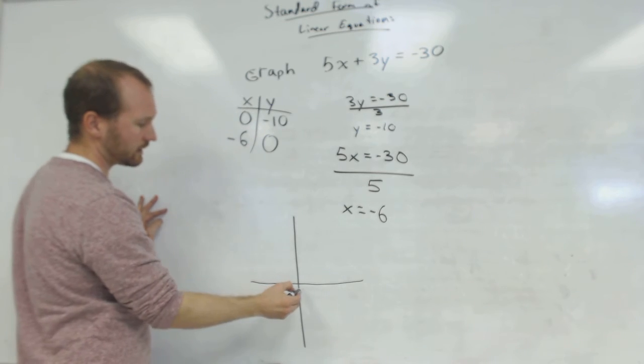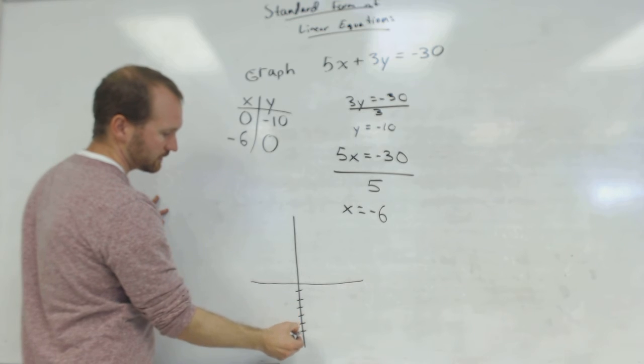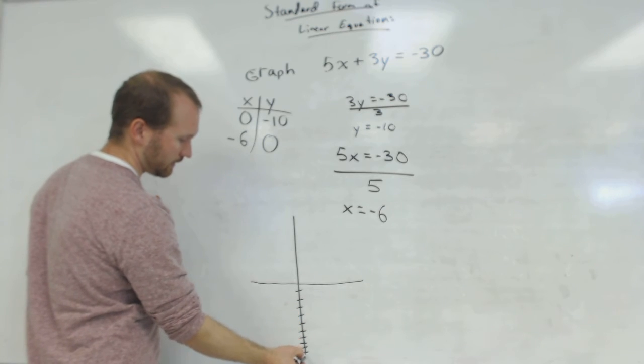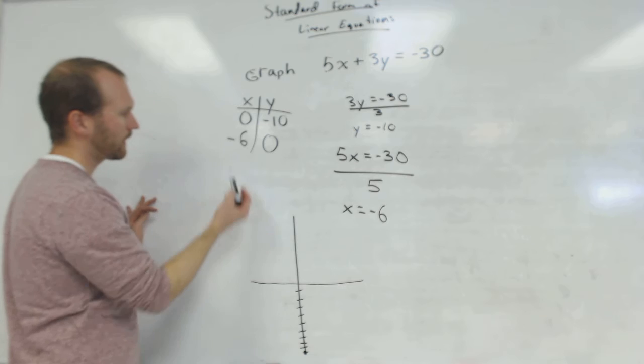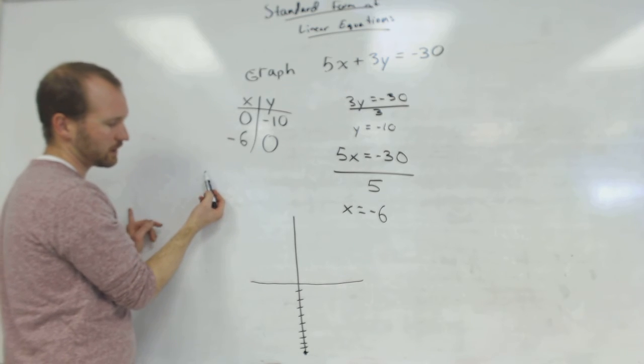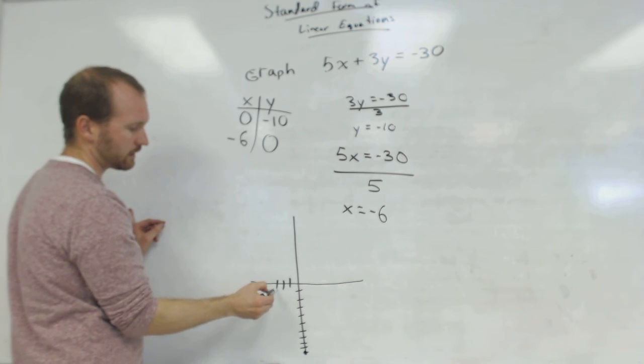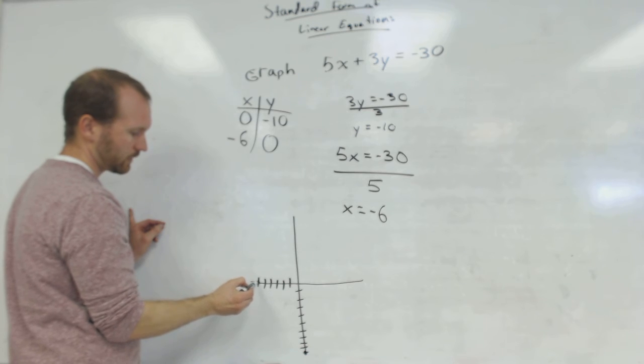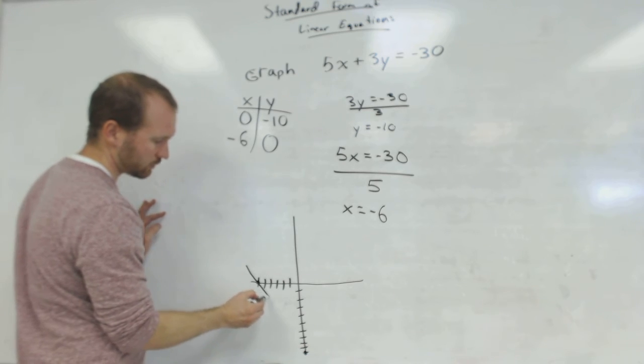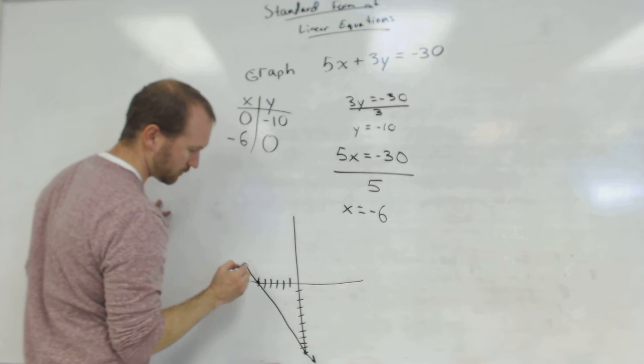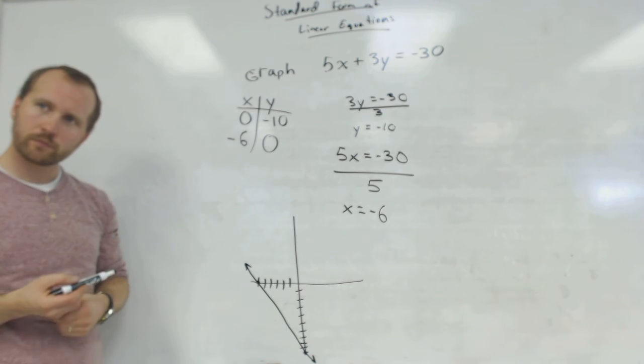So 0, negative 10 is down 10. That's my first point. Negative 6, 0 is where? To the left, right? Okay, and then my line is going to connect those 2 points. Beautiful.